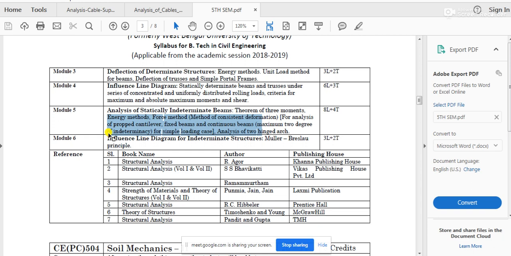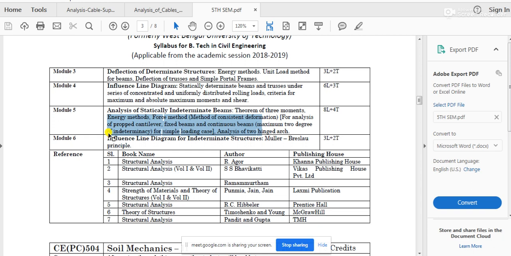Mostly the problems are given with indeterminacy of 2, because the more the indeterminacy in a structure, the more simultaneous equations you will have to solve. If you understand the concept behind analyzing indeterminate structures using the force method or the theorem of 3 moments, and can solve a 2 degree indeterminate structure, then you should be able to solve 3 degrees, 4 degrees, anything.